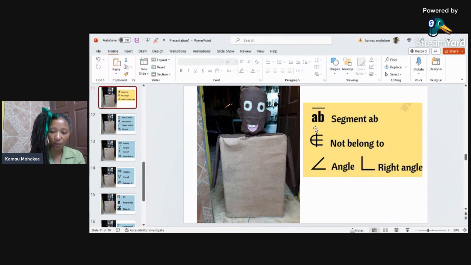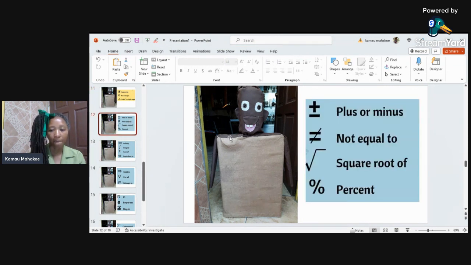So usually, when you have a line going through something, it means not, or does not, or it does not belong. This is a symbol for angle. So the angle would be within here. And this is a special angle, which is a right angle, two perpendicular lines forming a 90-degree or right angle.